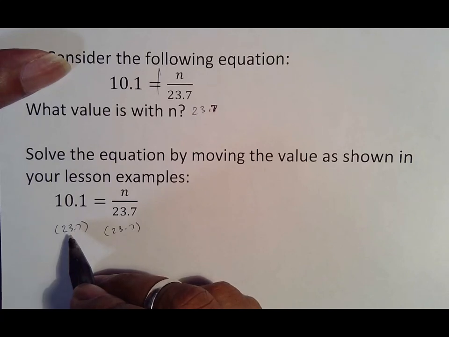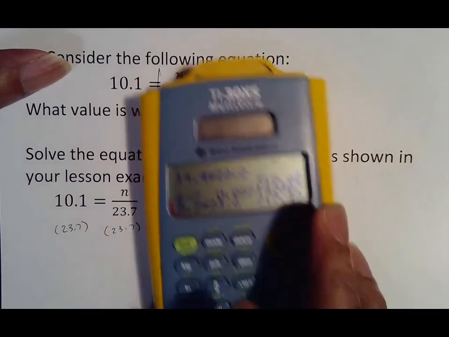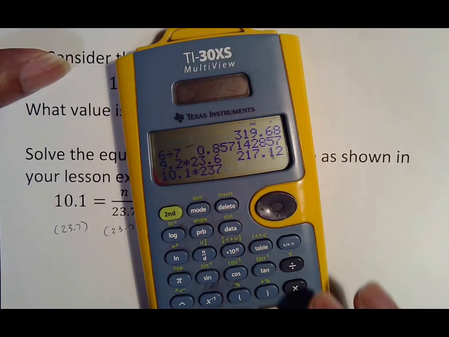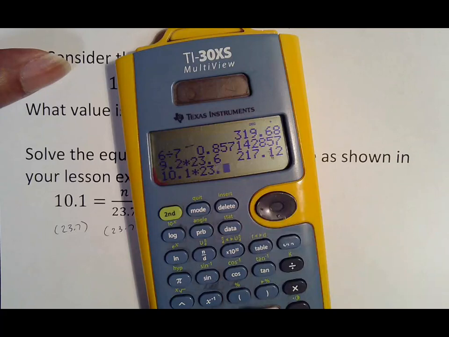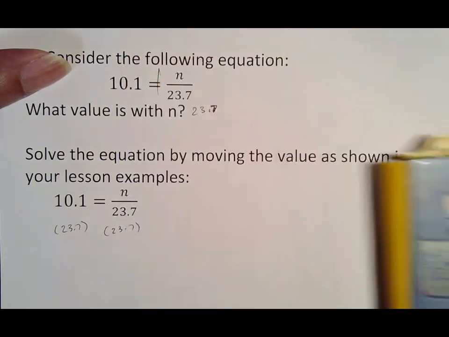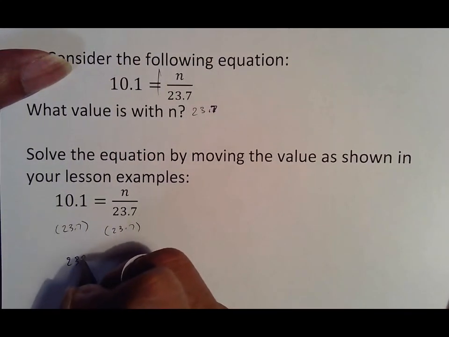I'm not even going to try it. I should try it, but my brain's not working. 239.37. So I would have been right. I just didn't trust my instincts.